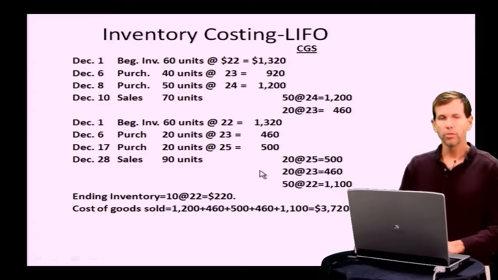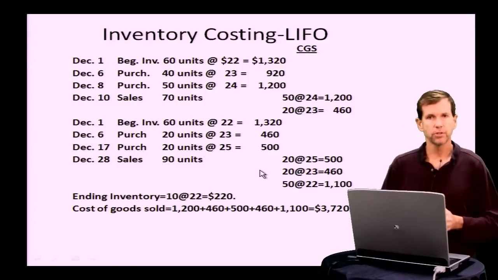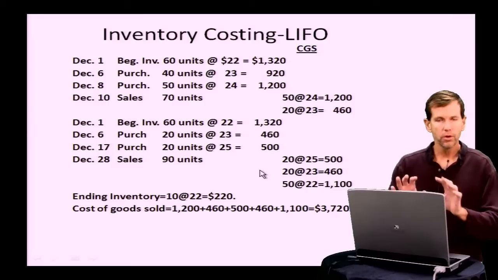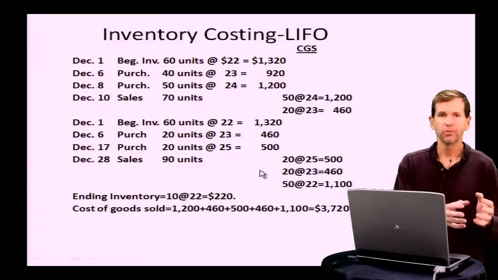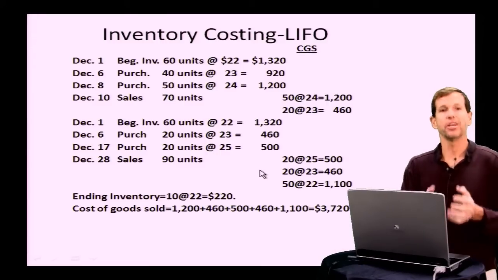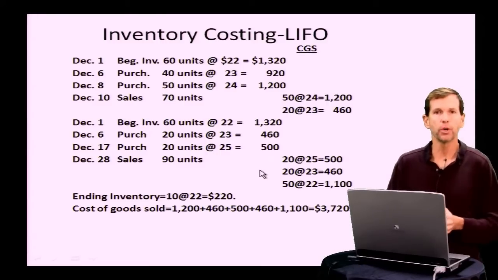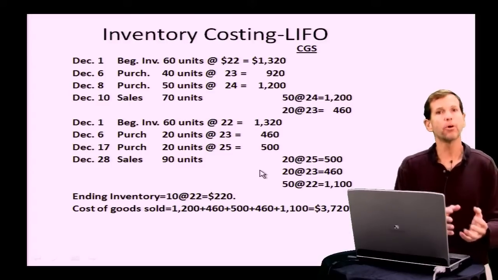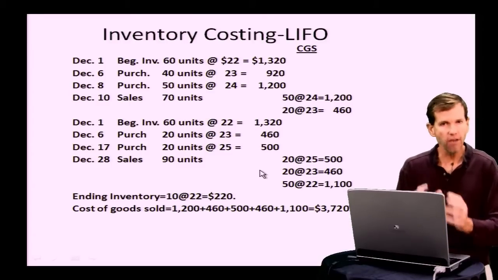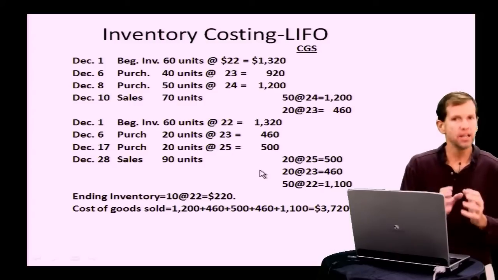Now, one thing I just want to make sure is clear to you. What we are doing here on paper is not exactly what's going on in our warehouse. We don't know which chairs we sold. We know how many we sold. We know how many we still have. We definitely still have 10 chairs.